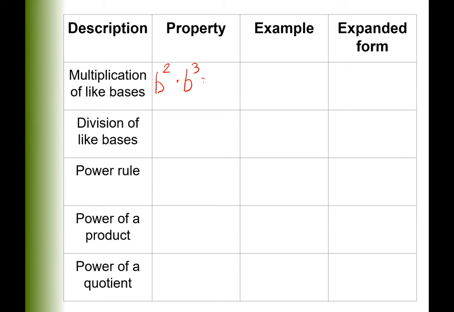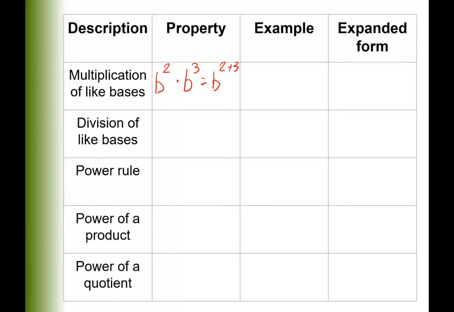What we do is keep that same base, and then we add the exponents. So if we are multiplying like bases, which in this case is b, you add the exponents together. So let's look at an example.